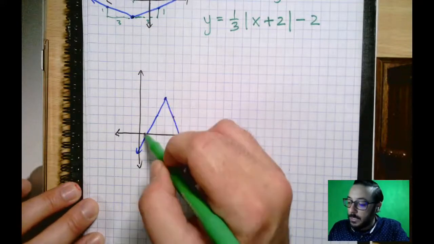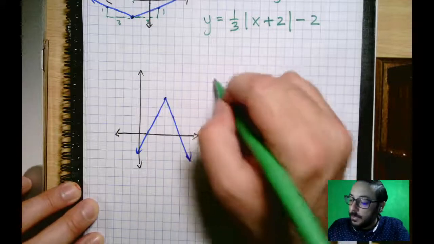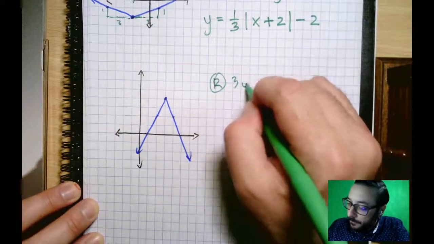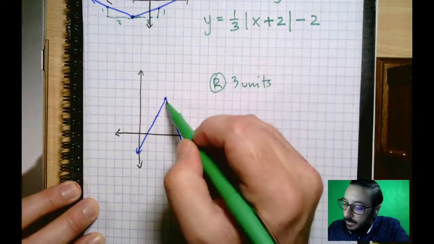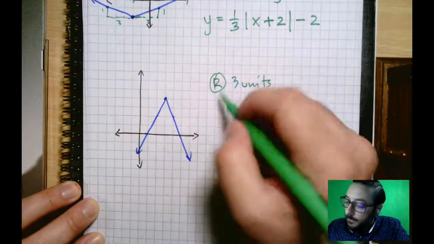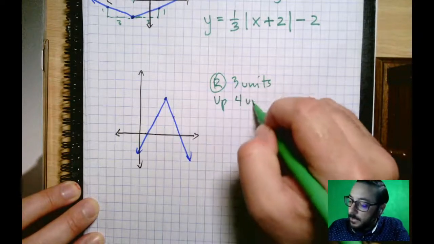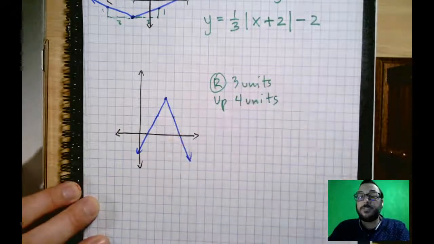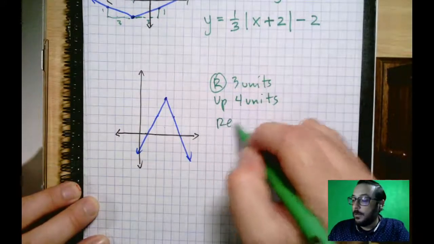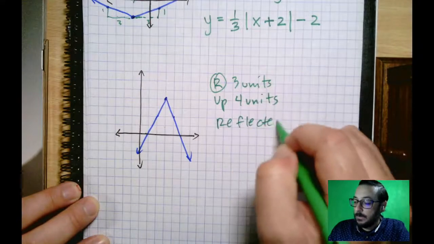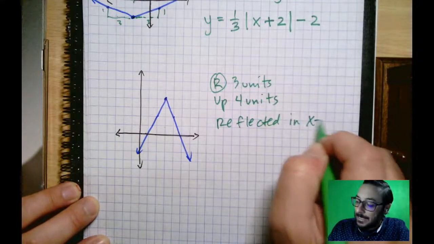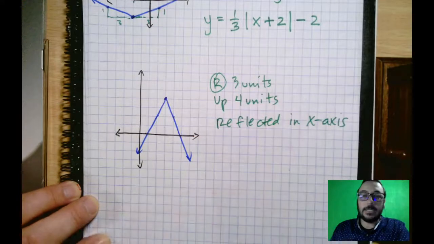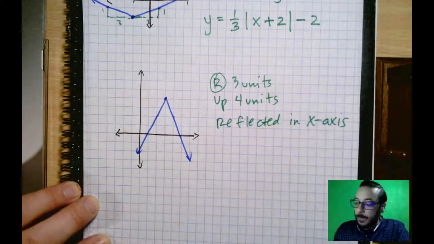The vertex translated to the right 3 units, and up 1, 2, 3, 4, up 4 units. It's upside down, which means it was reflected over the x-axis. Again, I know that because it's upside down.